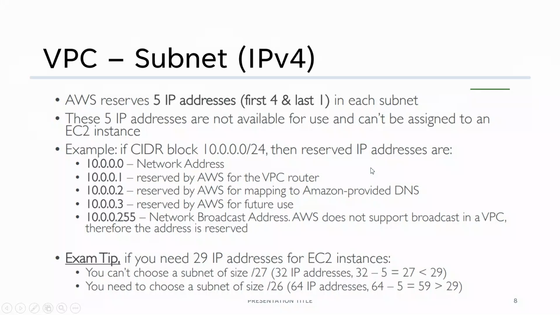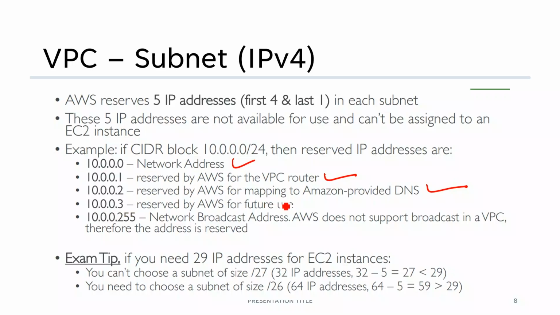Then the reserved IP addresses are the first 4, which are .0, .1, .2, .3, and then the last one, which is .255. For more details, .0 is the network address. .1 is for the VPC router, because the router is also a device and it also requires an IP address. .2 is reserved by AWS for mapping to Amazon provided DNS, right?